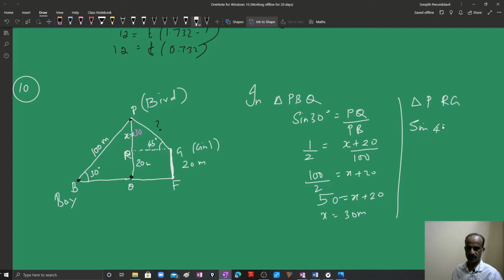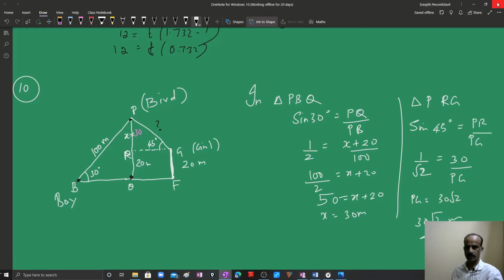Sine of 45 degree is equal to opposite side PR divided by PG. Sine 45 is equal to 1 by root 2. PR, what is PR? That is x, which is 30, divided by PG. Or PG is equal to 30 root 2. PG is equal to 30 root 2 meters.